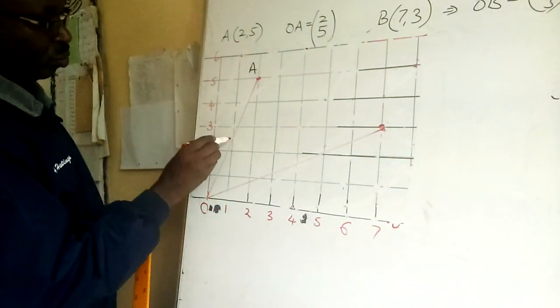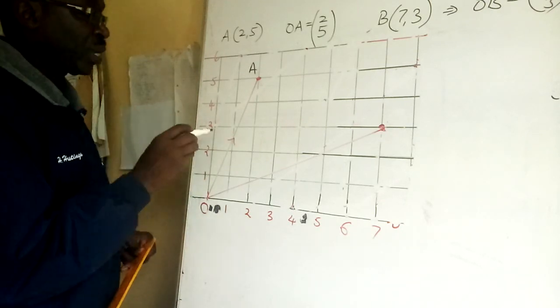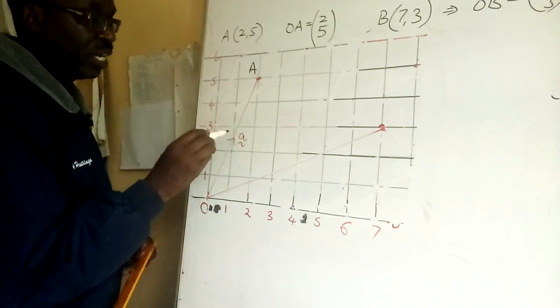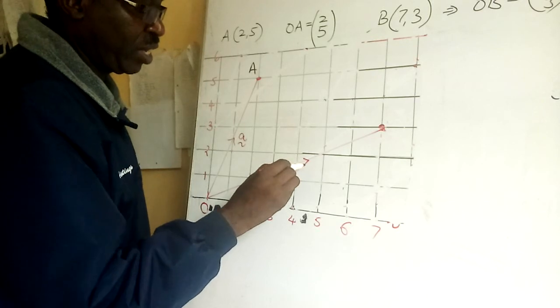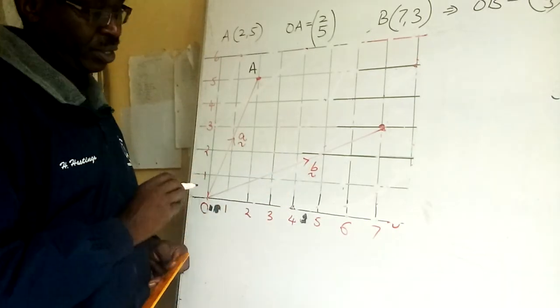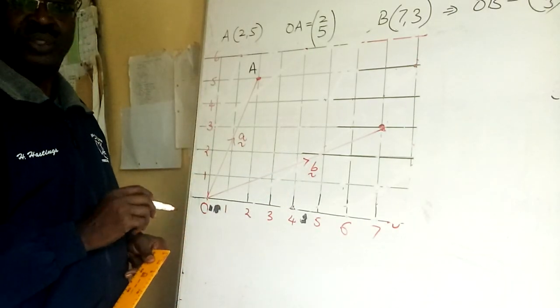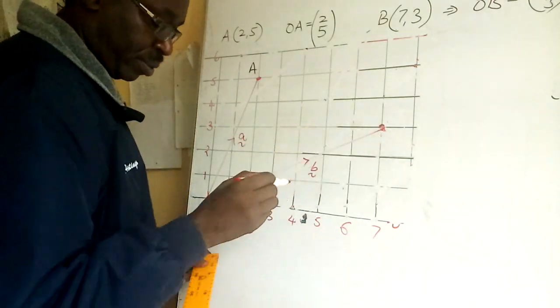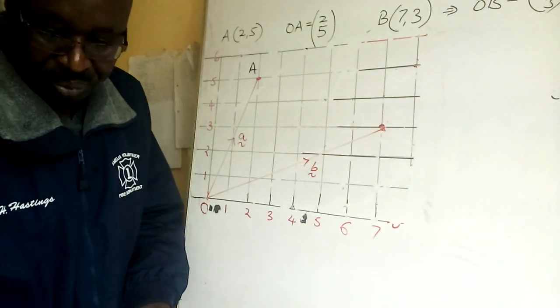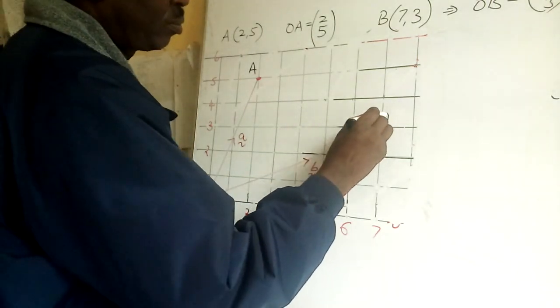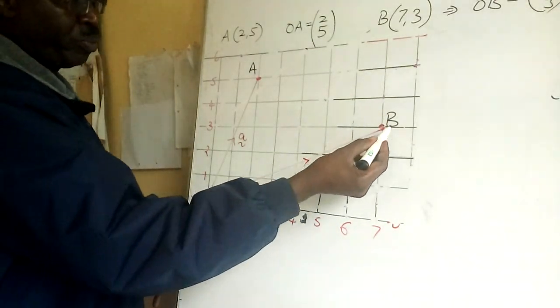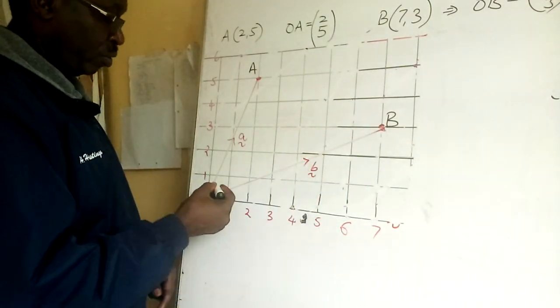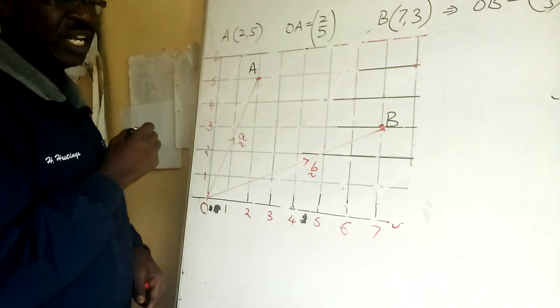There. So we have done that direction, and I give it vector A, and this one I give it vector B. Look. From O to B is vector B. From O to A is vector A.